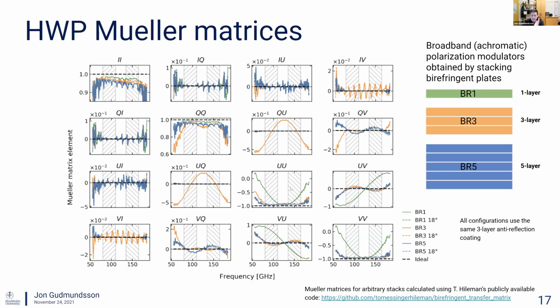By the way, in this paper, we're studying a telescope that has 2 frequency bands, one centered at 95 gigahertz and one centered at 150 gigahertz. And so you want a half-wave plate that has broadband frequency performance. You can achieve that by having multiple so-called achromatic half-wave plates. A stacked half-wave plate configuration with 5 different plates rotated with respect to one another gets you pretty close to the ideal scenario.